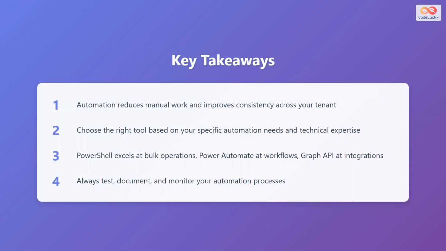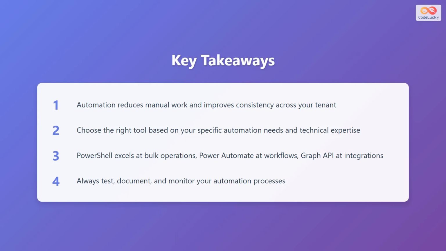Let's recap the key points from this guide. First, automation reduces manual work and improves consistency across your entire tenant, making administration more efficient and reliable. Second, you should choose the right tool based on your specific automation needs and technical expertise. PowerShell excels at bulk operations and advanced scripting. Power Automate is perfect for visual workflows and approvals, and Graph API is ideal for custom integrations and applications.